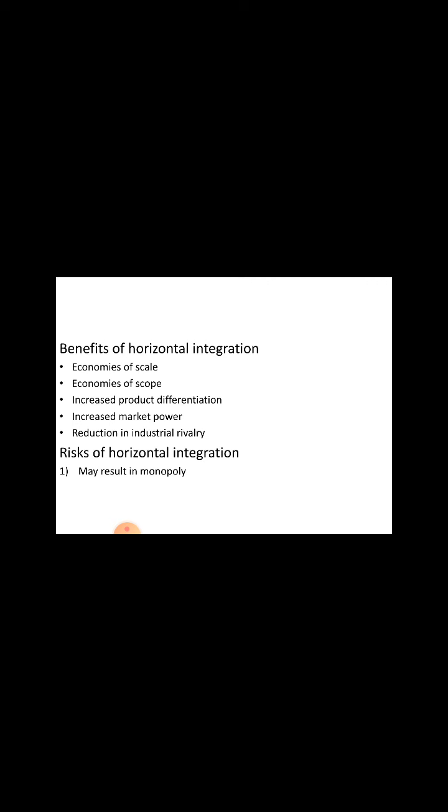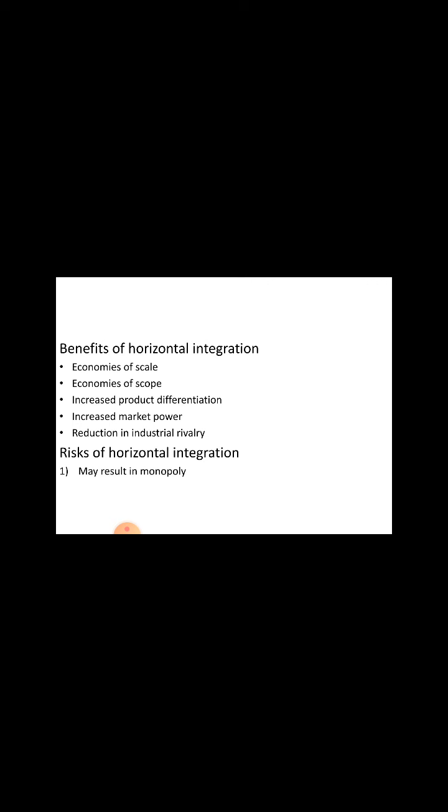Now, coming to economies of scope, what happens? In case of horizontal integration, two firms dealing in the same line of business come together and become one, but they provide a variety of products.